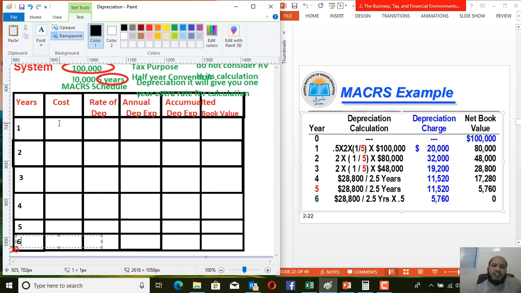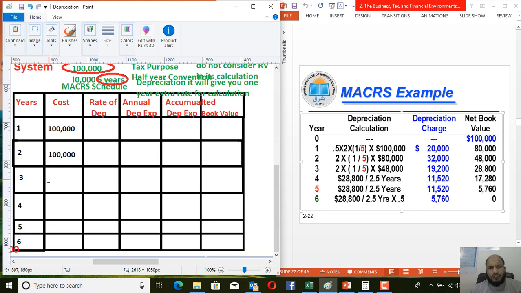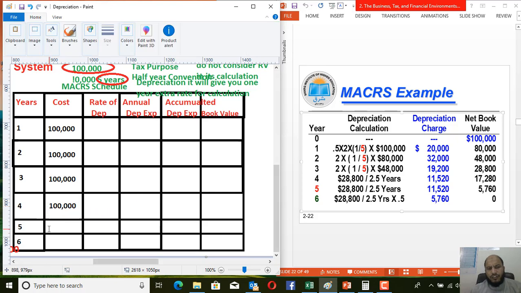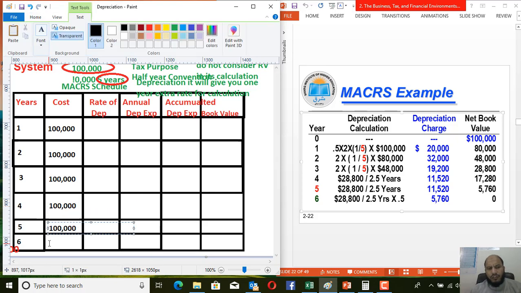Now what is the cost of this machinery? The machinery cost is known, that is 100,000 rupees. So write down the cost of machinery in front of each year, which is 100,000 AFN. What is the rate of depreciation?